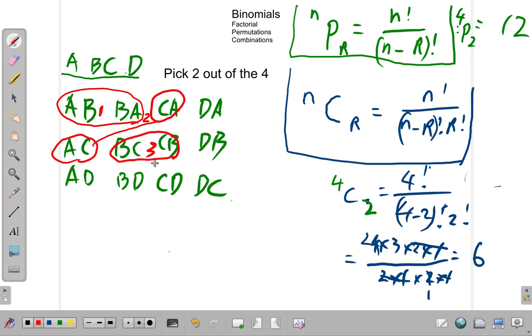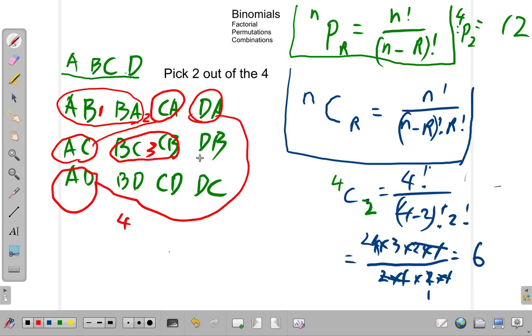So this is the third one, 3. AD and DA are the same. So this is 4. BD and DB are the same. So this is the 5th. CD and DC are the same. So this is the 6th. So it is 6. It does work.